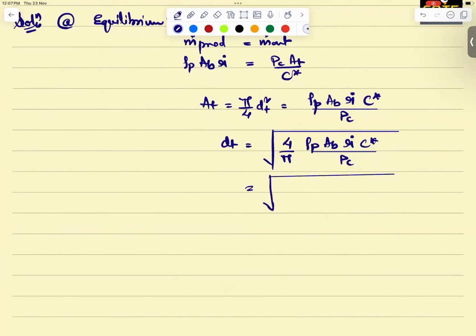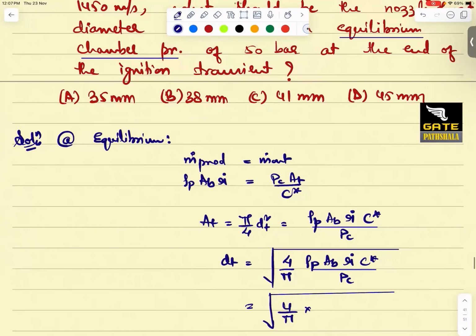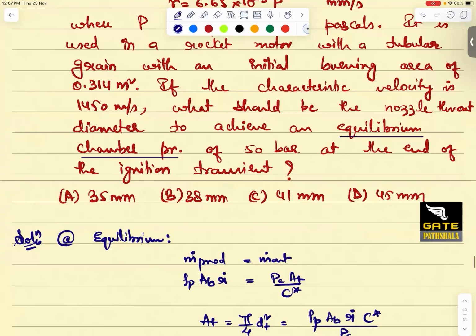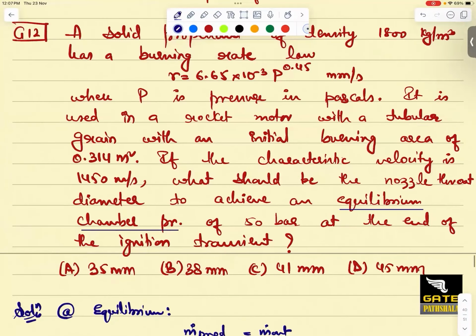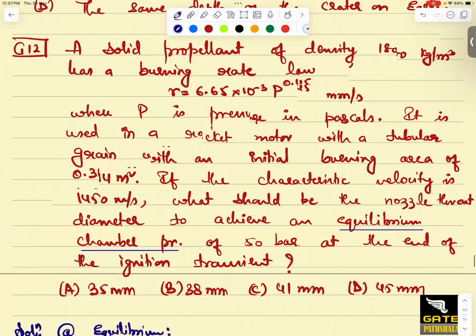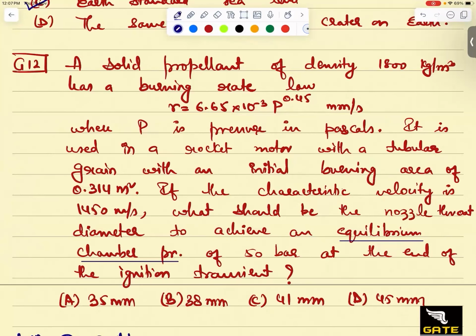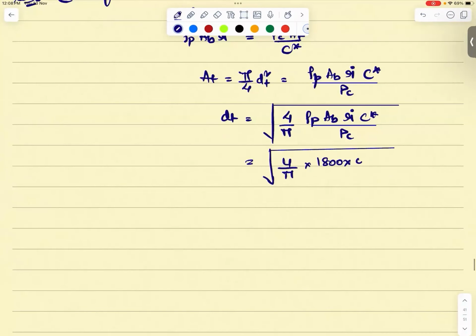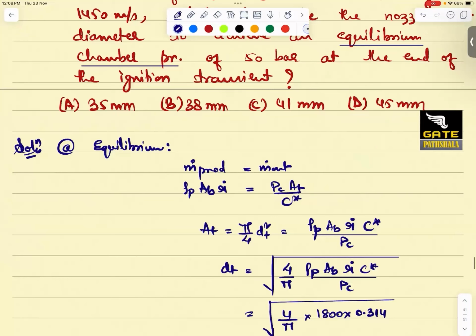This is equal to 4 by pi into density of the propellant, how much was given? 1800. What is the burning surface area given to you? 0.314. Right? After that, R dot is this expression.